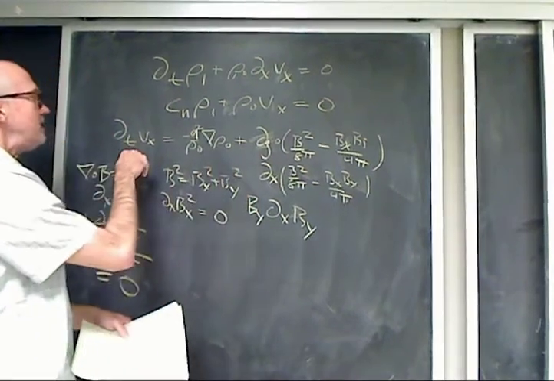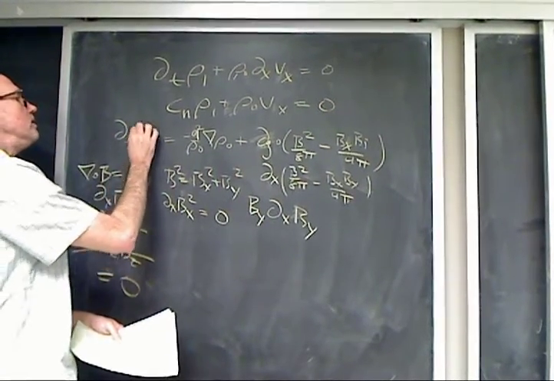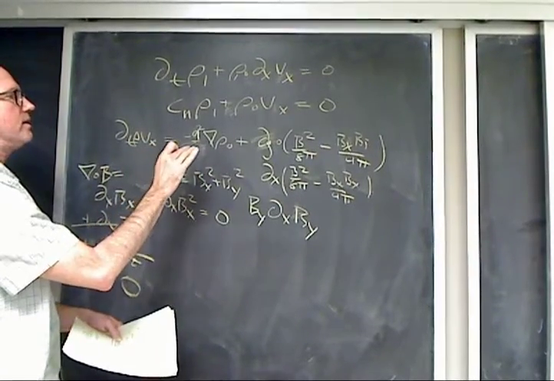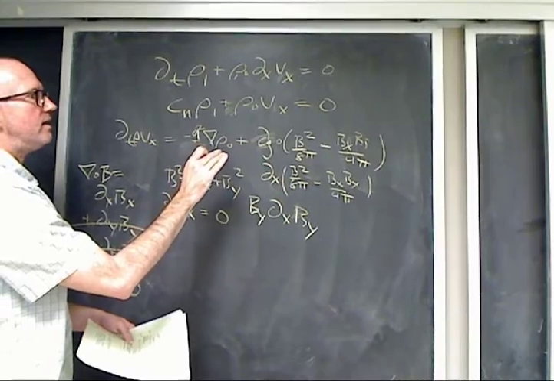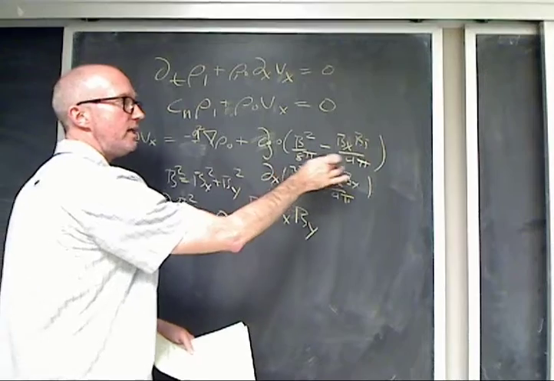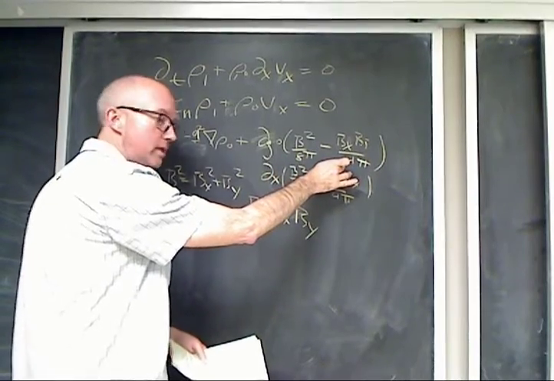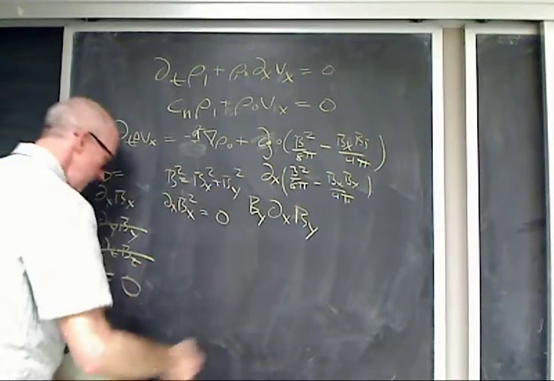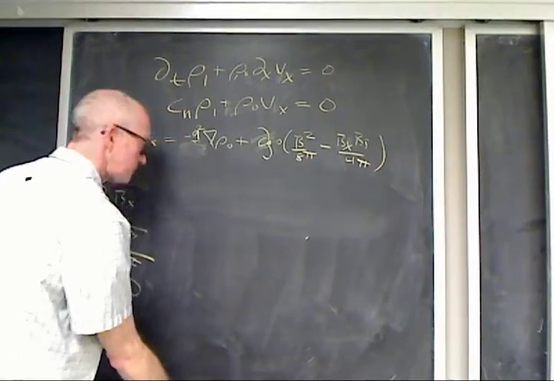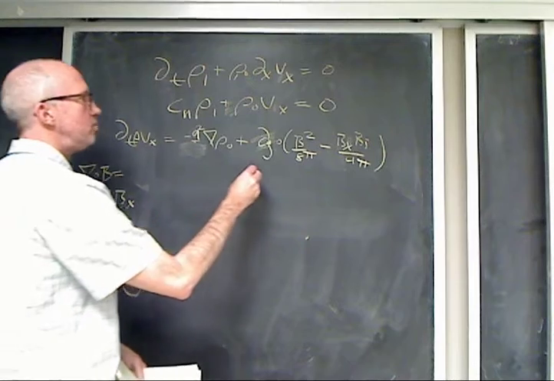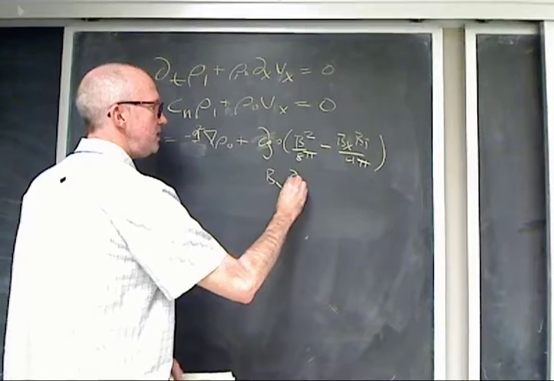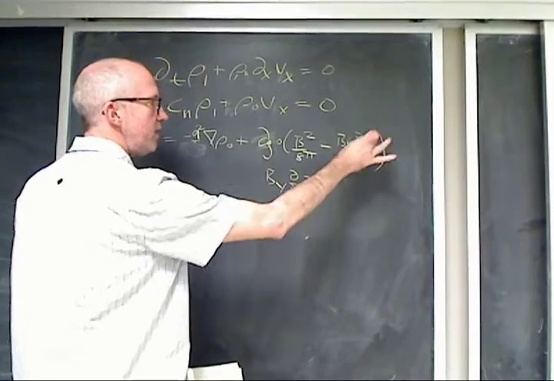So if I'm looking at the x momentum, oh, I'm sorry, this should be a rho here. If I'm looking at the x momentum, then my Lorentz force has the pressure gradient and the tension term. When I expand that out, those simplify and this turns into simply By times d by dx of By, and then that other term goes away.